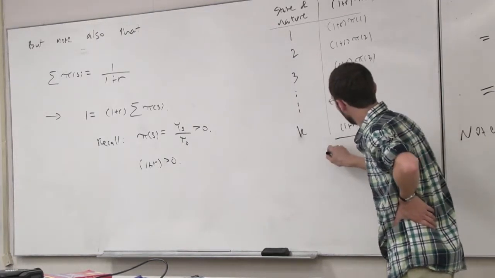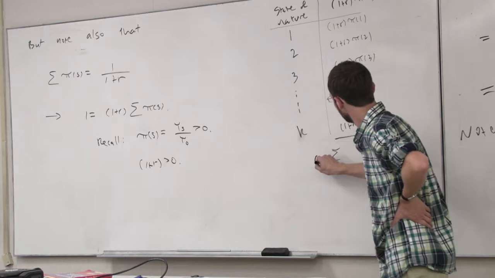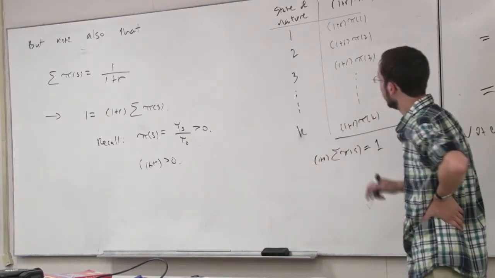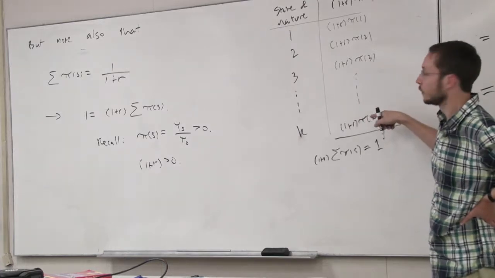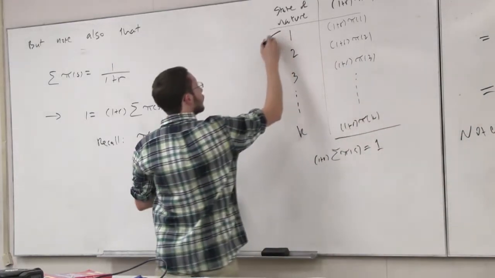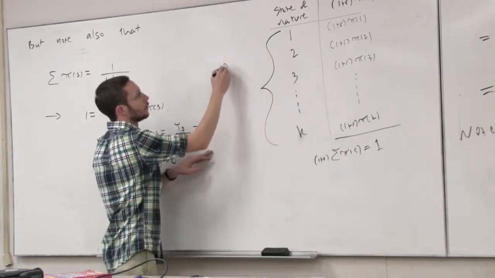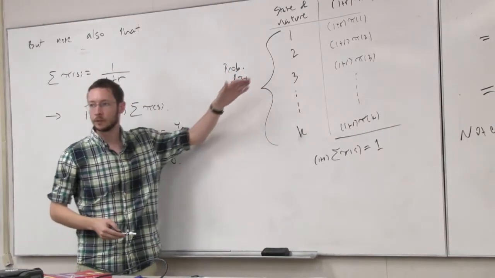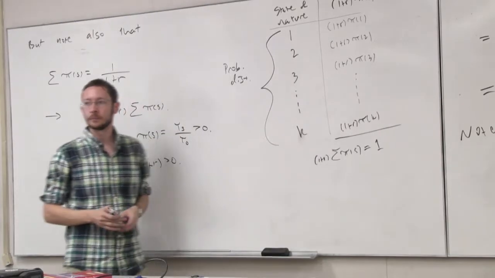And the fact that these things add to 1 basically tells us that what we're looking at here is a probability distribution, all possible outcomes and their associated probabilities.